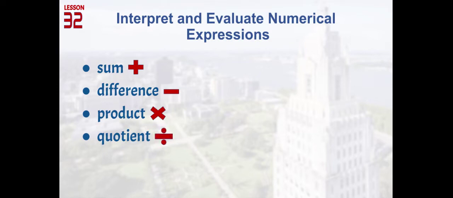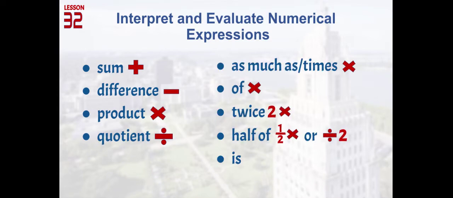These are some of the things they need to know. Other helpful phrases are "as much as" or "times as much as." The word "of"; these can all be interpreted as multiplication operations. Another helpful one to know is the word "twice," which means to multiply by 2 or find the half of a number.